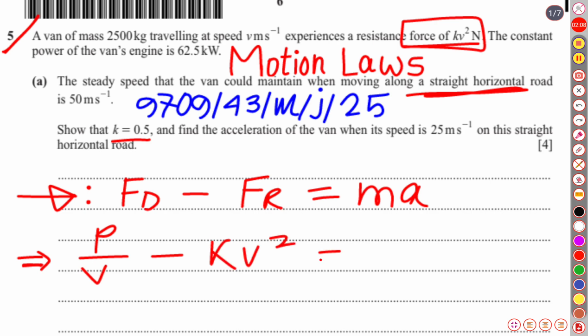And what's the state of speed? It is moving at a constant speed. As the speed is constant, there is no acceleration at all, so the right side is 0.